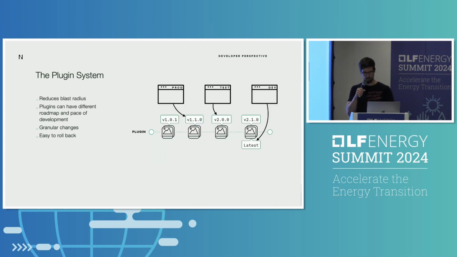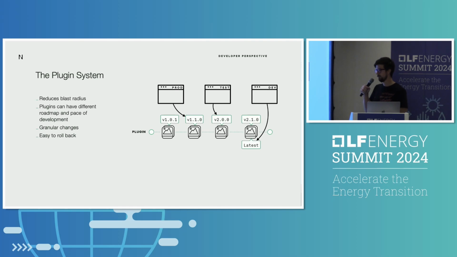For example, on the development platform, I think this is pretty typical, we always have the latest version of a plugin in order to try it out, to test it a bit, to show if this feature is what we meant to do. On the test environment, you can try out the new feature, really go through your test scenarios with the engineers, and through everything.